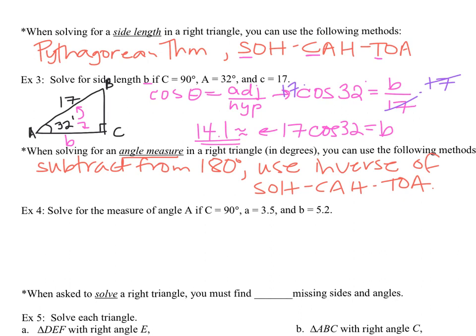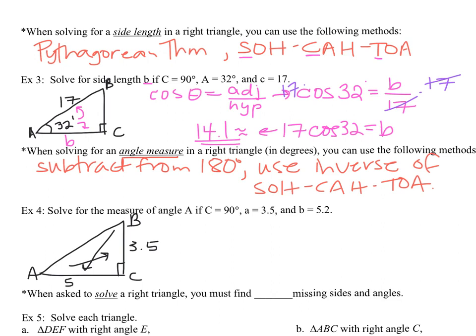Again, if we create our triangle with that information, we'll just draw a right triangle over here. We'll put a right angle C in the corner. I'm going to put capital A on the left and capital B at the top. It says little a is 3.5. That will go directly across. Little b is 5.2.